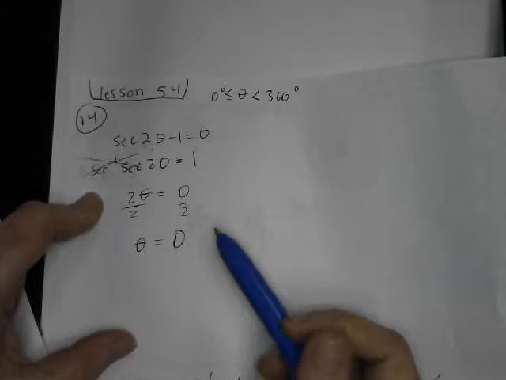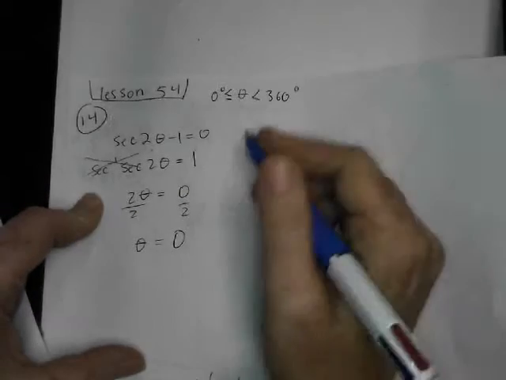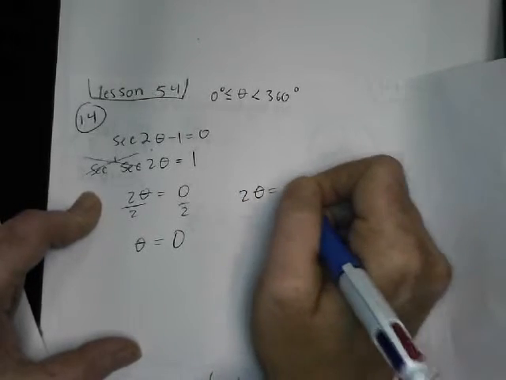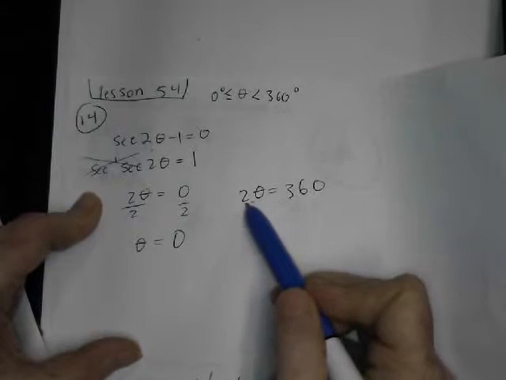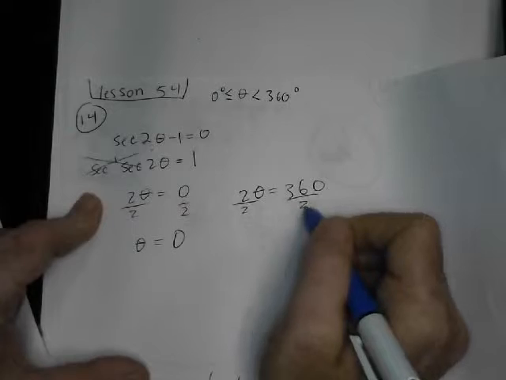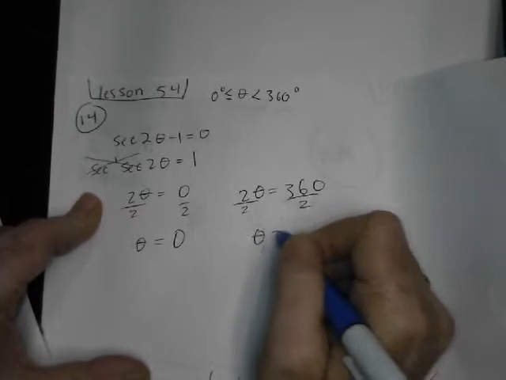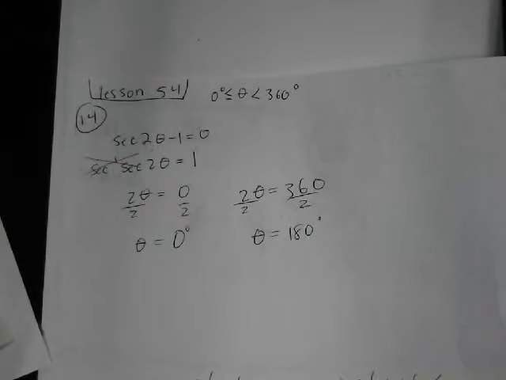We had 2 theta equals 0, but also 2 theta equals 360, because we could go once around, just so long as our theta doesn't end up being higher than 360. So now theta equals 180. So we actually got 2 answers off of that.